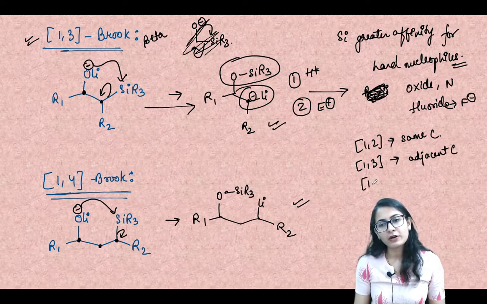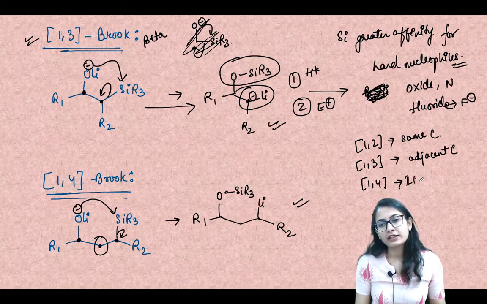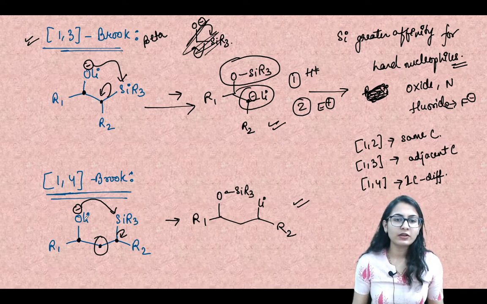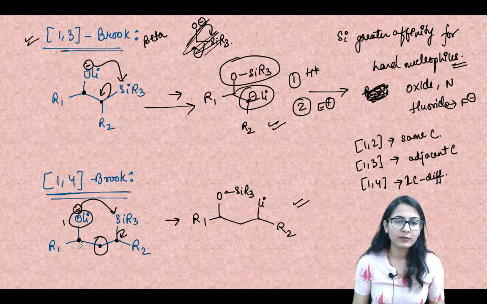If we are talking about 1,4 group rearrangement, there is a difference of only 1 carbon. There is OLi over here and SiR3, only a difference of 1 carbon.